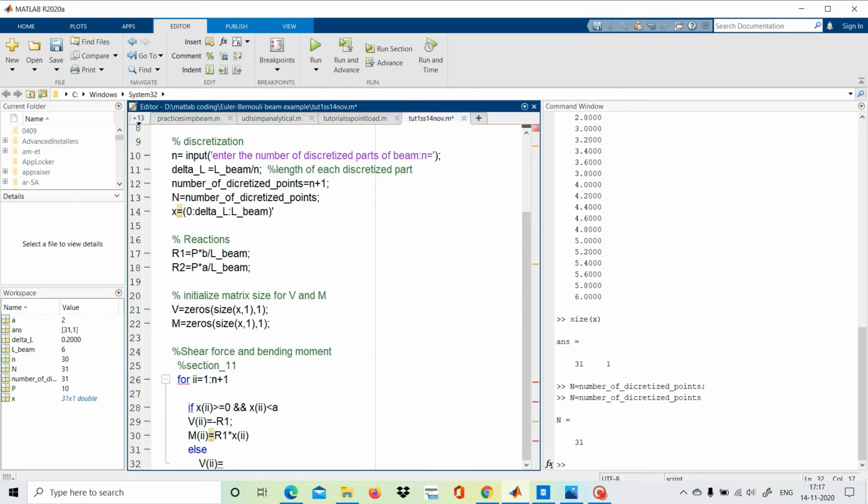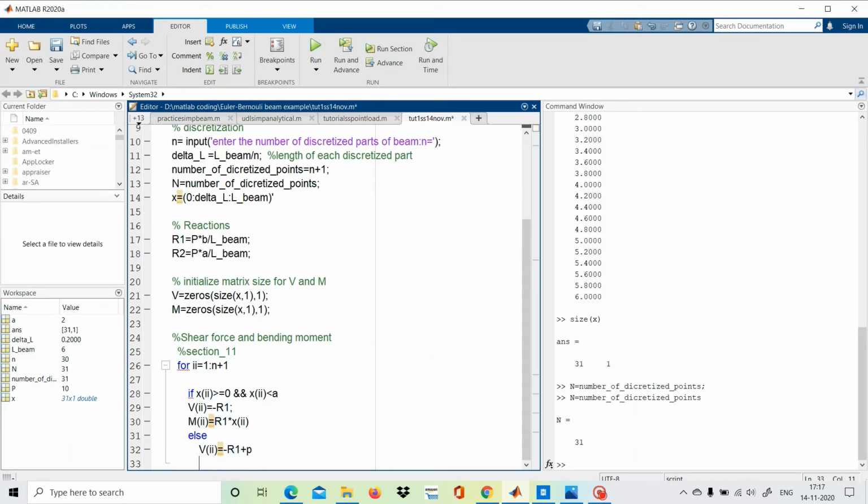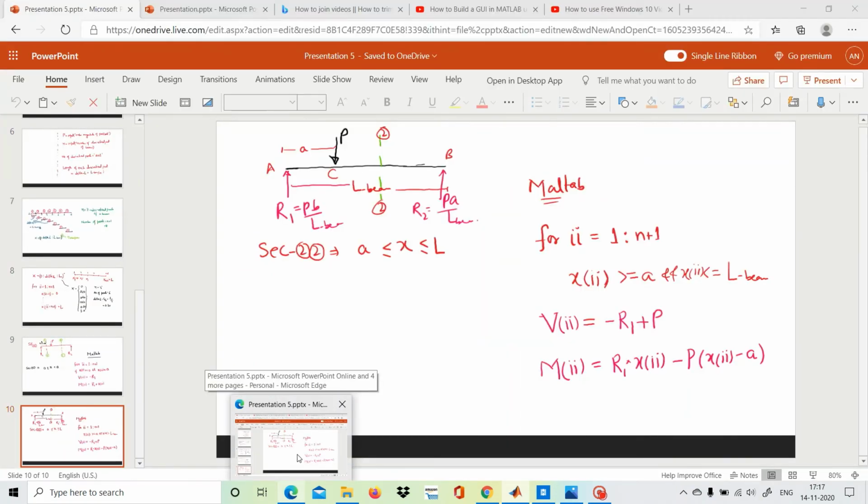Shift R1 plus P, and it is minus of R1 plus P due to sign convention, and the bending moment would be equal to how much? Let's see, R1 into X of II.